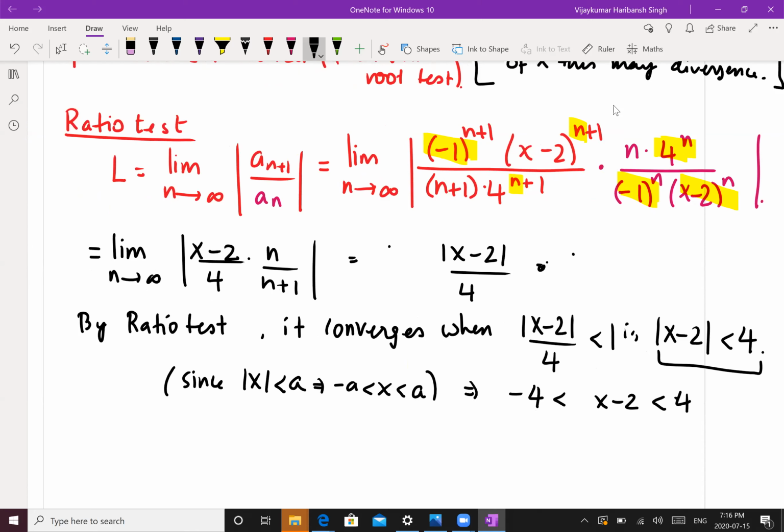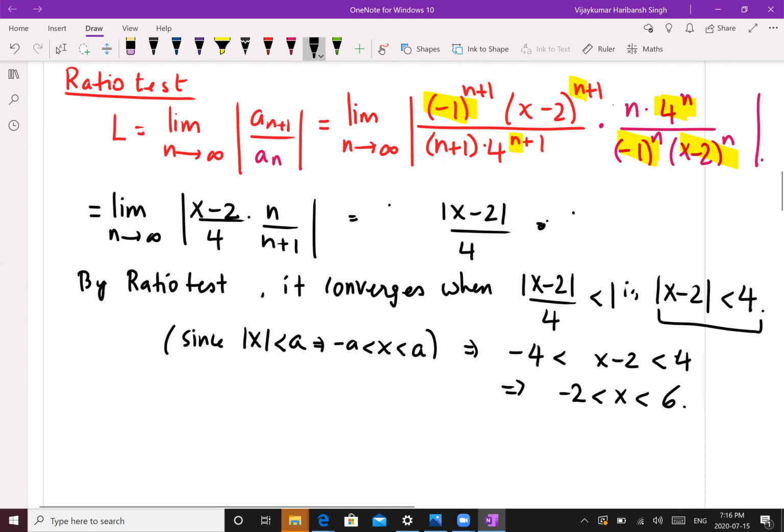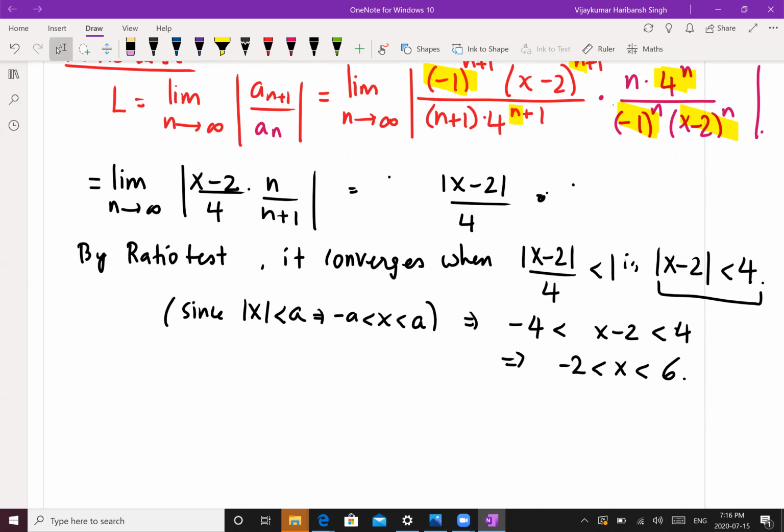We get from here this, or if you simplify it further, add 2 on both sides, so you get -2 less than x less than 6. So therefore, what do we get? We get this part here, -2 less than x less than 6.